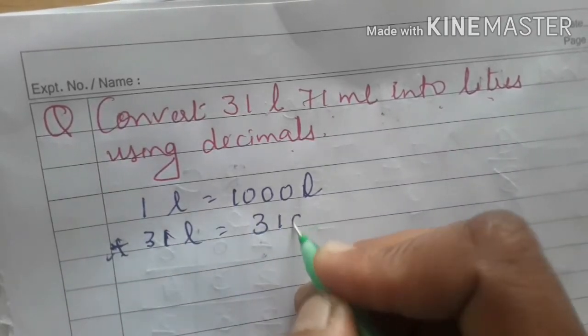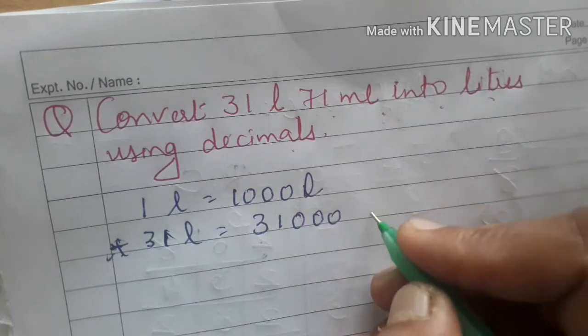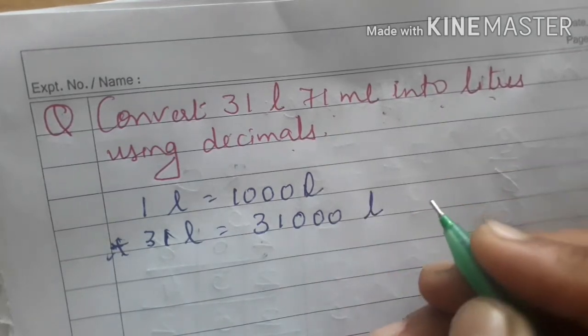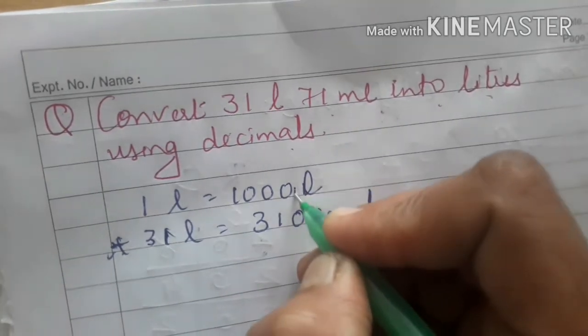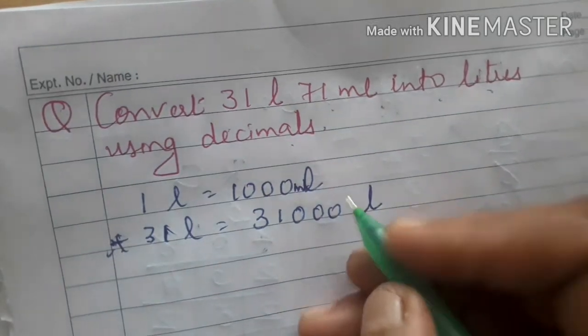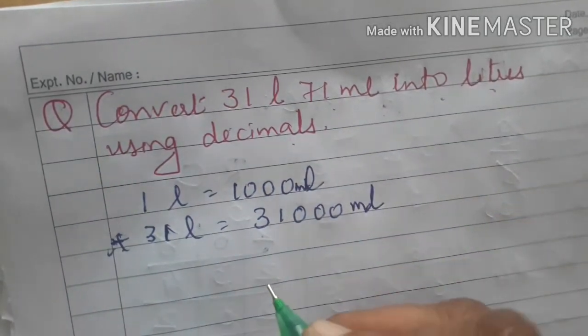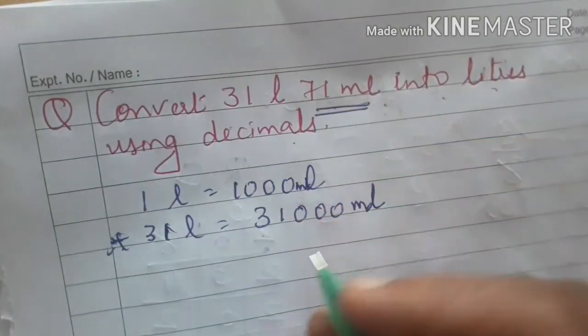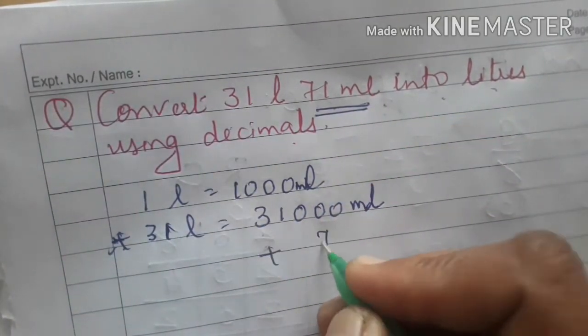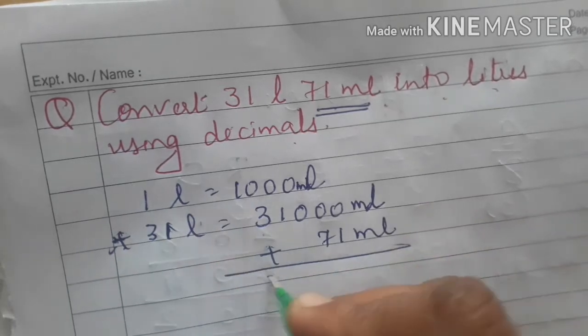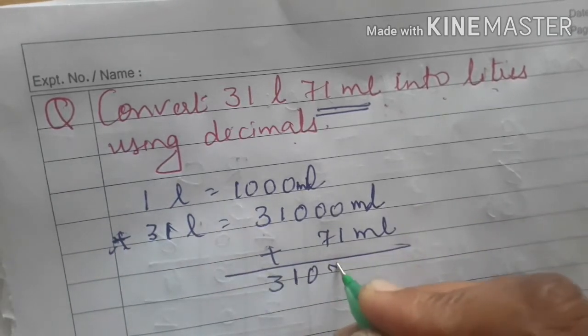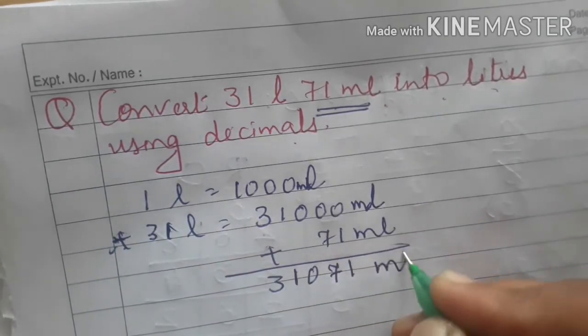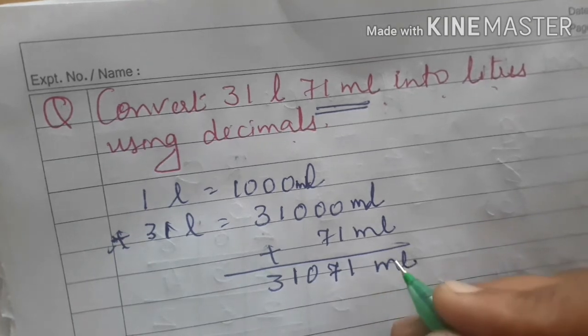They will get it as 31,000 milliliters. Plus 71 milliliters. When they add up, they will get 31,071 milliliters. So this is the answer.